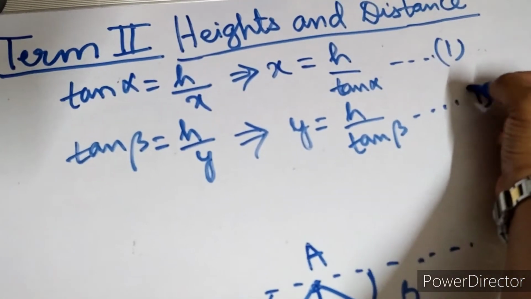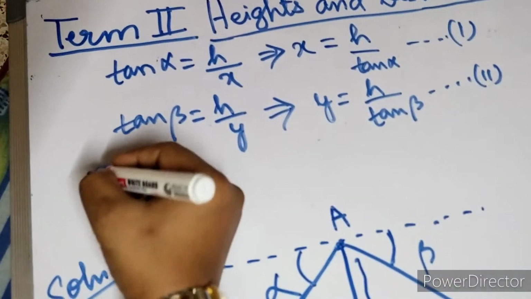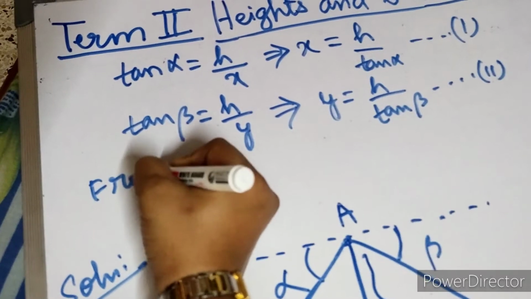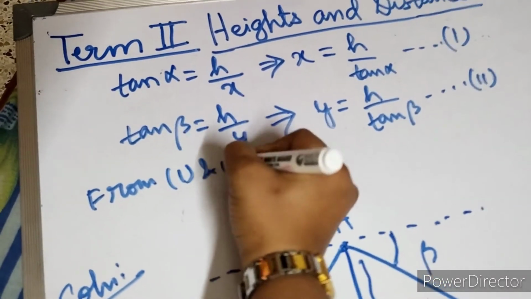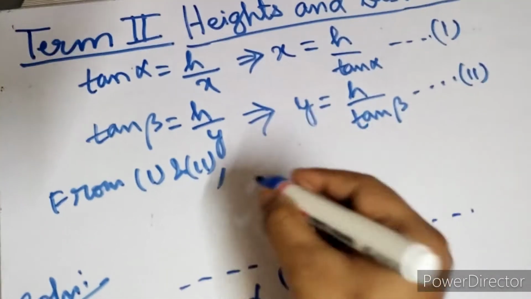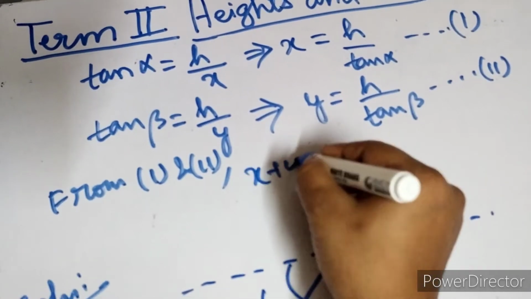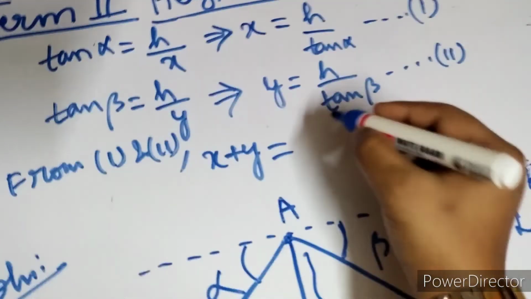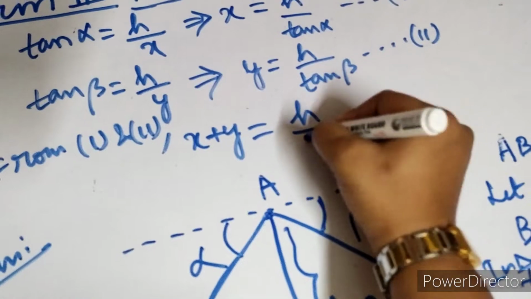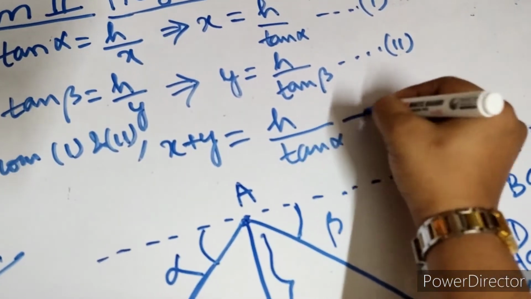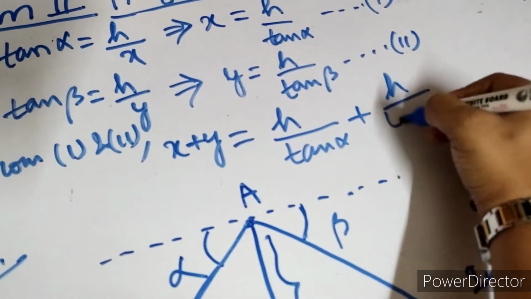Let us call this 2. So from 1 and 2, what do we find? X plus Y equals H by tan alpha plus H by tan beta.